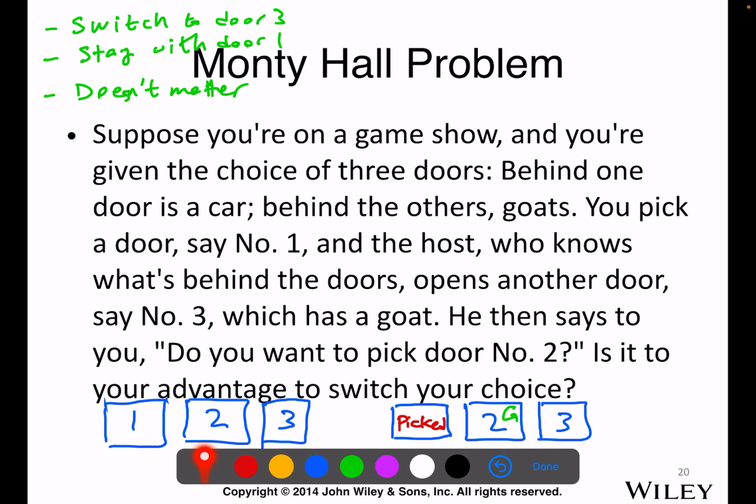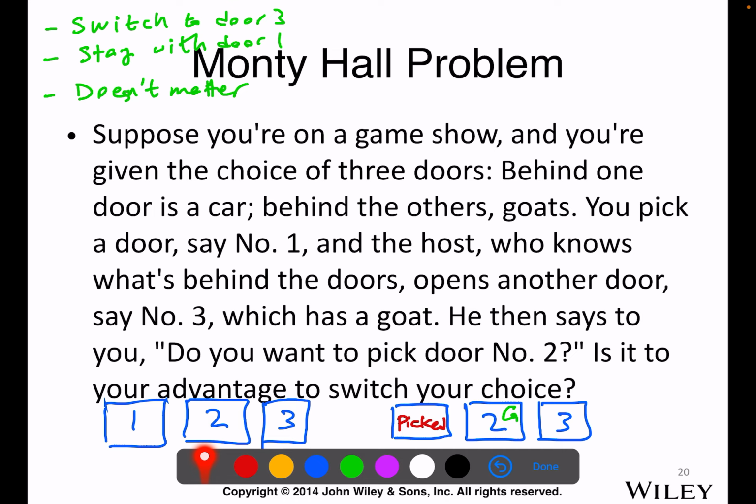So 1,000 people with PhDs said that the solution is incorrect. And there is a famous mathematician, his name is Paul Erdos, right? And he also said that the solution is incorrect, right? So he's a very famous mathematician, and he's one of the most famous people in math.